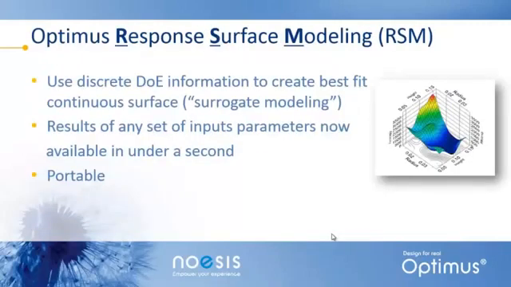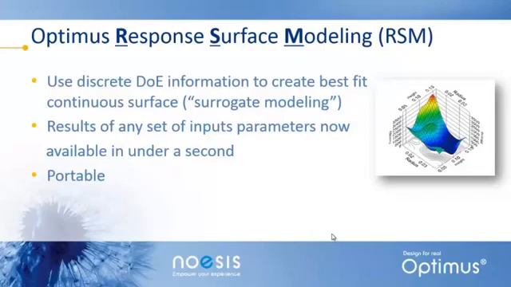It's also used in a completely different way, which is in the creation of a response surface model or meta model, which is actually called a number of different things, surrogate model or approximation model. Here, what Optimus does is it interpolates a continuous surface from the DOE discrete samples.